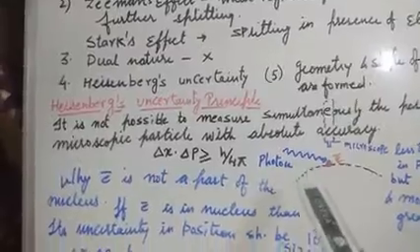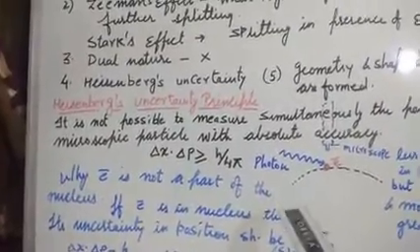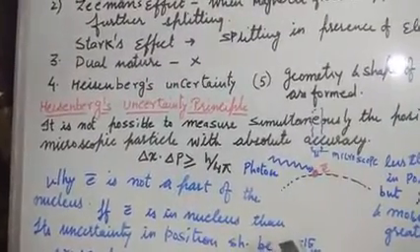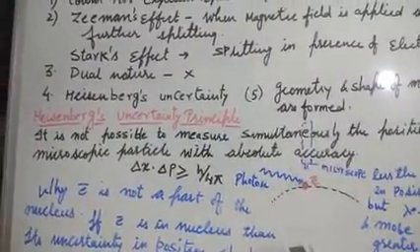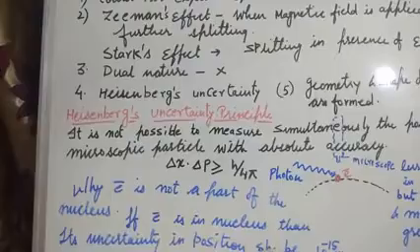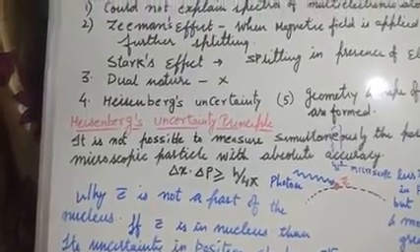Meaning, we cannot find out the position and the velocity or momentum of a microscopic particle simultaneously with absolute accuracy.